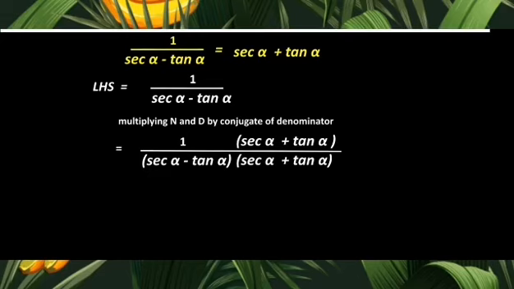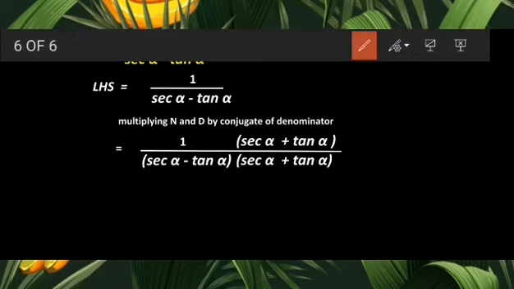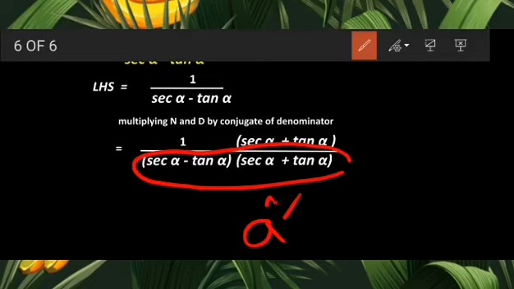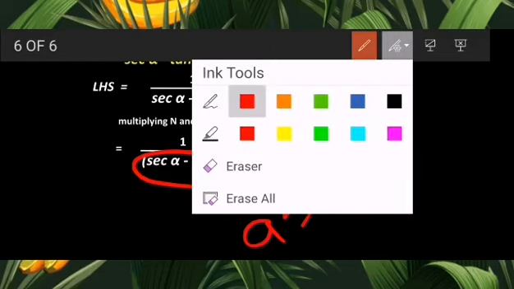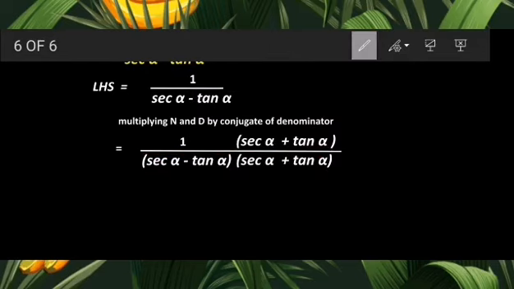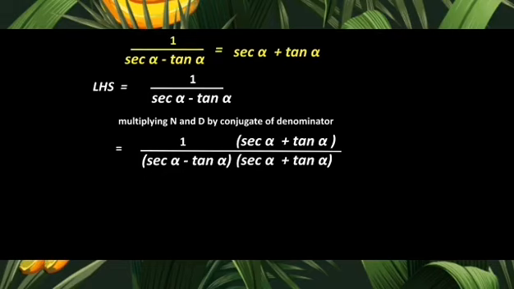If you observe the denominator now, there are two brackets with opposite signs and the same terms, which will give you the identity a square minus b square as the ending result. We have done this in the previous sums also. So turn it into that proper identity.